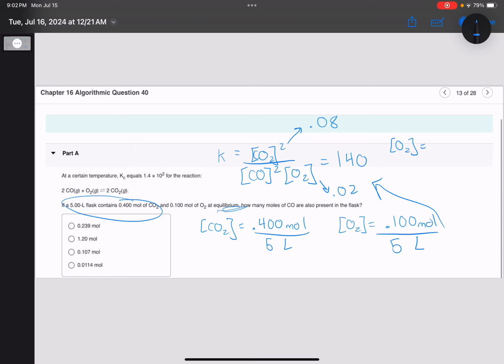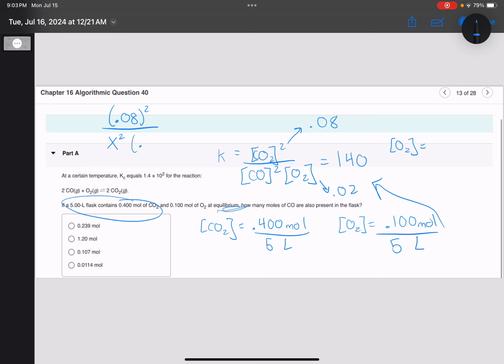All right, I will work through it with you because I realize this value is squared as well, so I don't want you guys to get confused. So I don't have a ton of space, but I'll do it. So 0.08 squared. The CO is the value we're looking for, so let's call that our x squared.